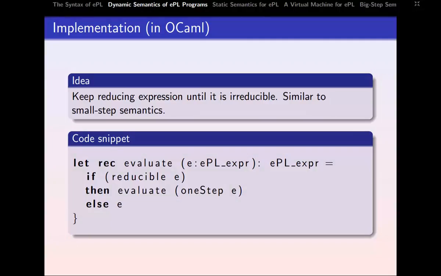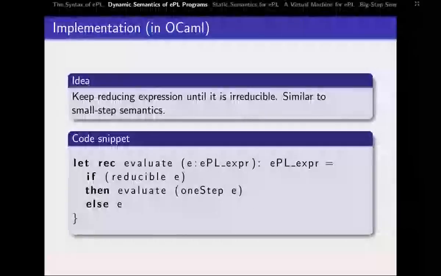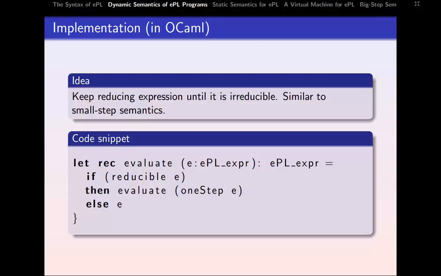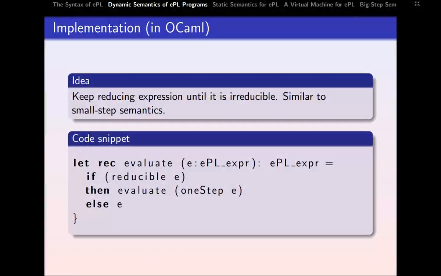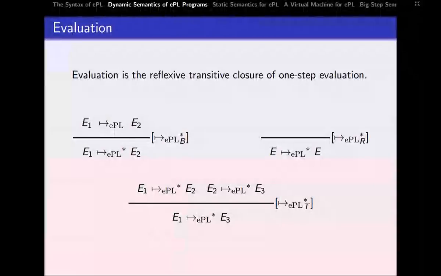But that will complicate our relation, because what you want here is that E is in relation with E only when E is irreducible, and I don't want to bother with defining what irreducible is inside this relation. So it definitely doesn't hurt.